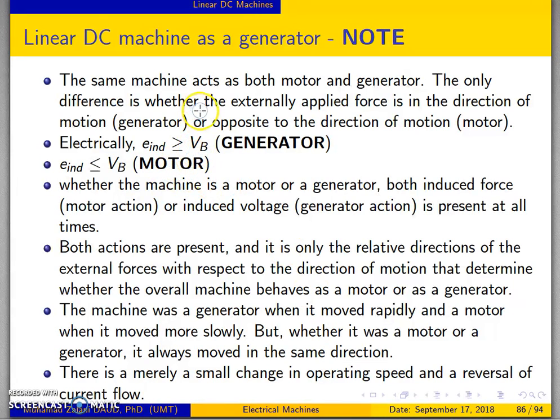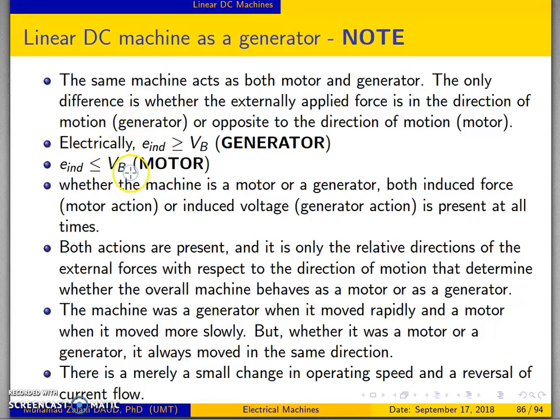The same machine acts as both motor and generator. The only difference is whether the external applied force is in the direction of the motion. If the applied force is in the direction of the motion, we call it a generator. If the applied force is opposite to the direction of the motion, we call it a motor.